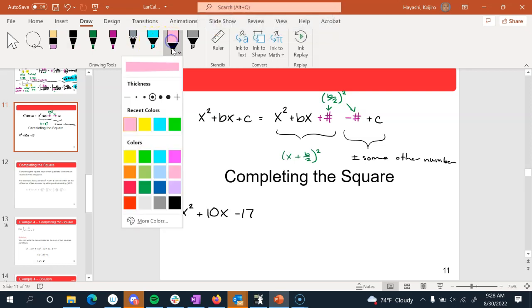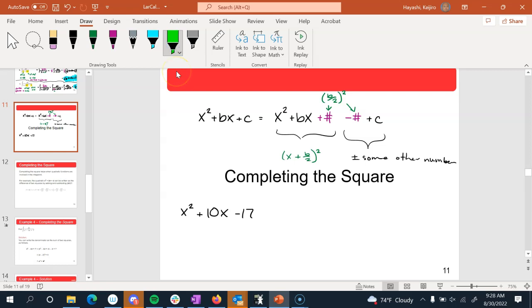The value of b in this expression is 10.